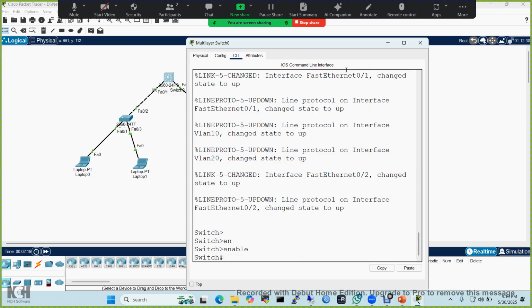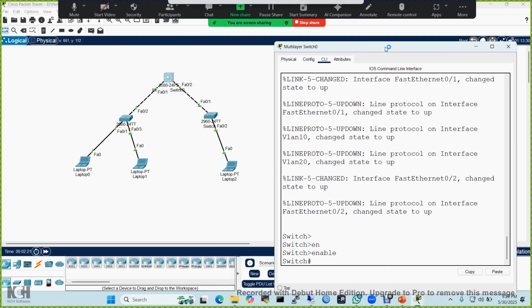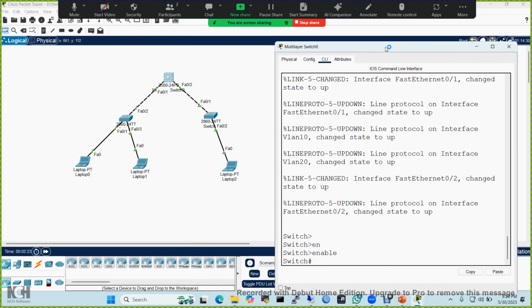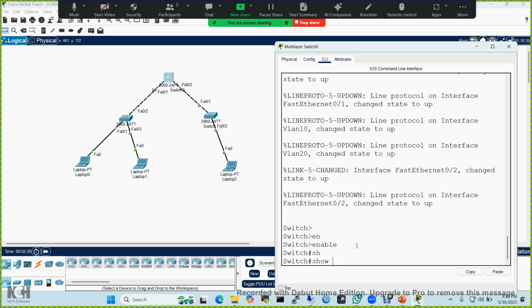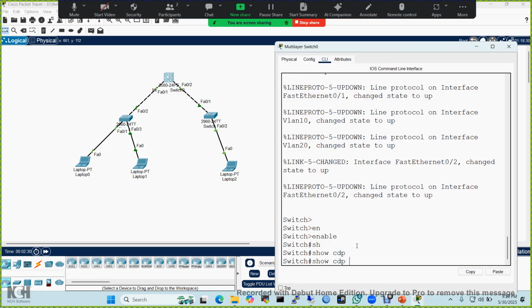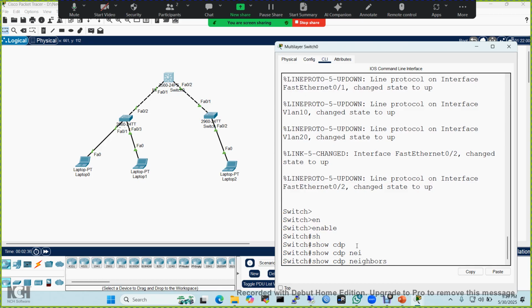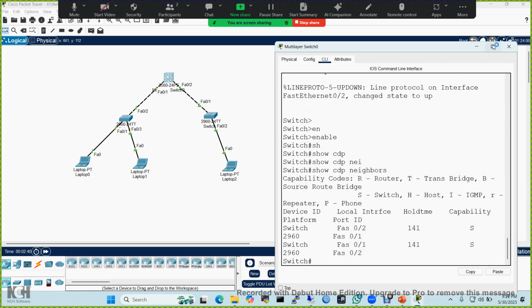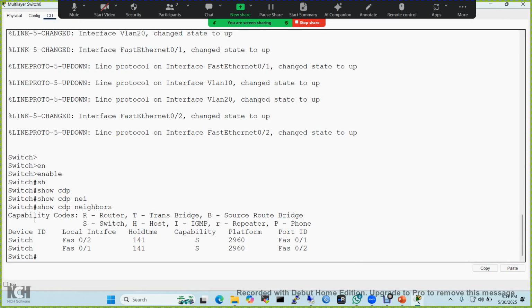Now you ran show CDP neighbors and it showed you F01 and F02. Yes, two switches are connected and it will show me the neighbors here. These are the CDP neighbors.